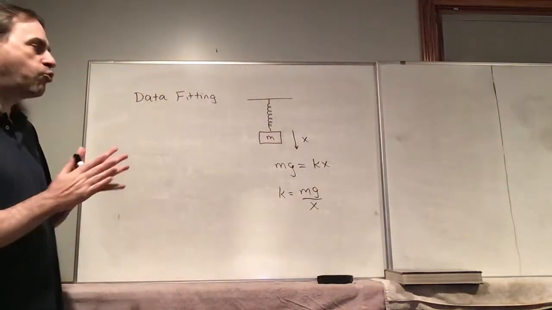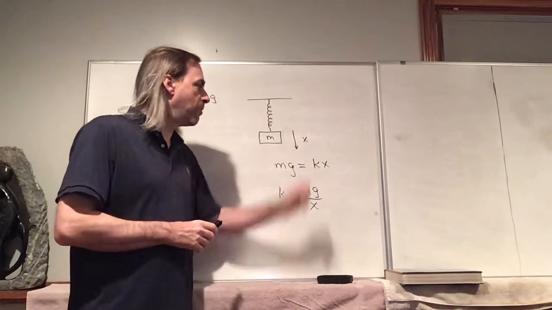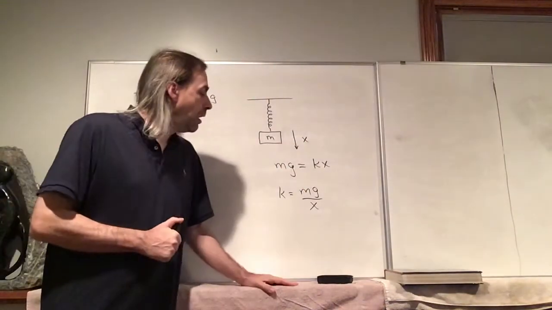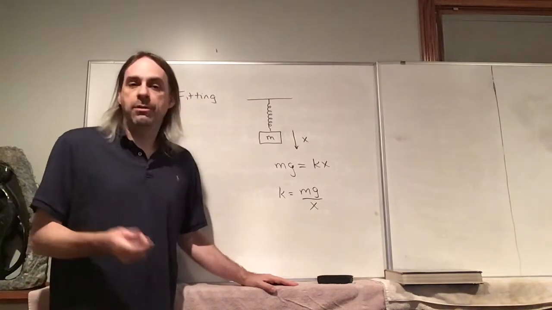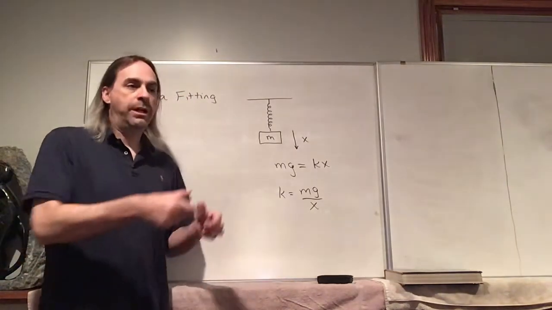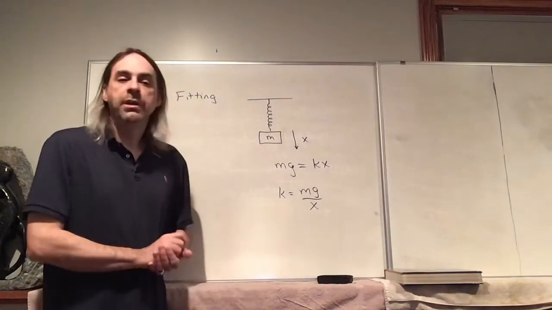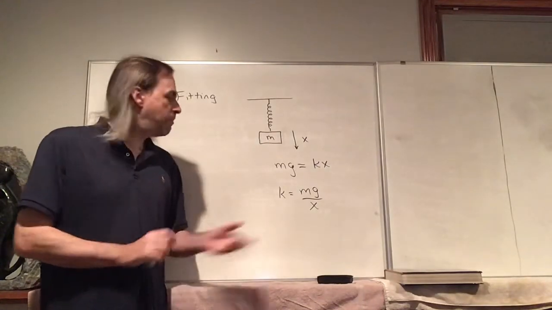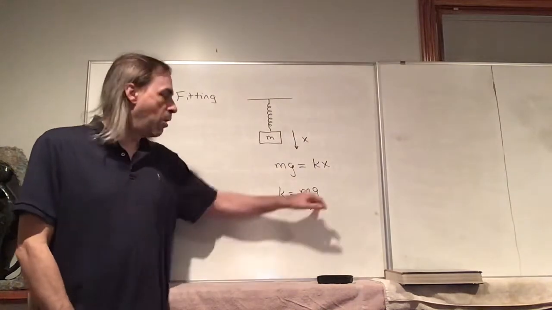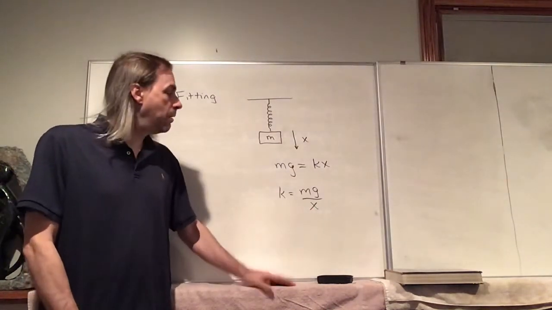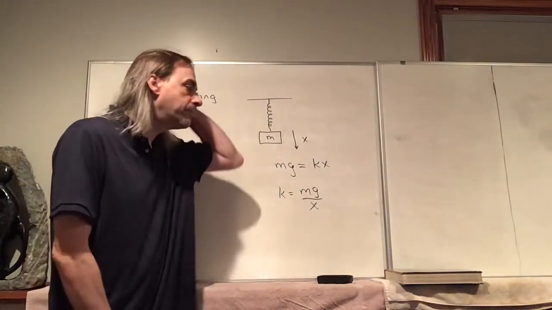And probably the biggest error would come from measuring x, the stretch of the spring. You could buy mass sets, like we have in lab, where it's labeled 50 grams or 5 grams or whatever. So we'd expect the errors in the mass to be very small. g is a known value, but x could be the biggest source of error.